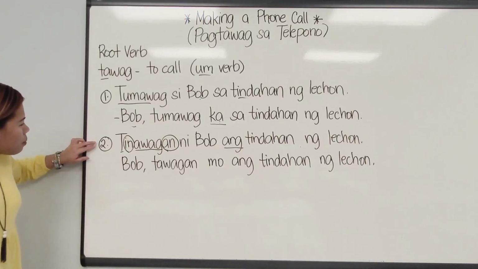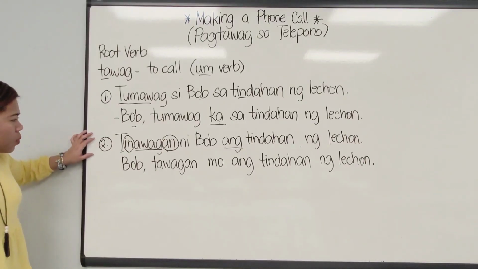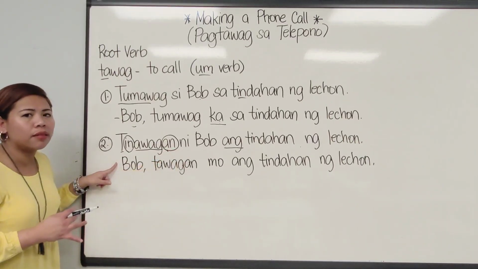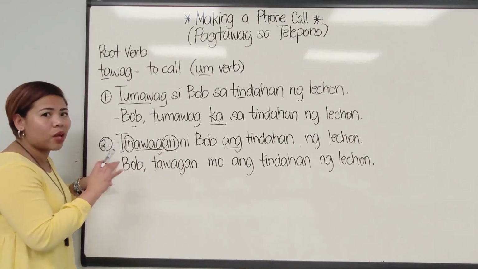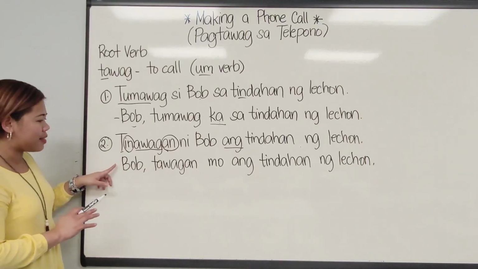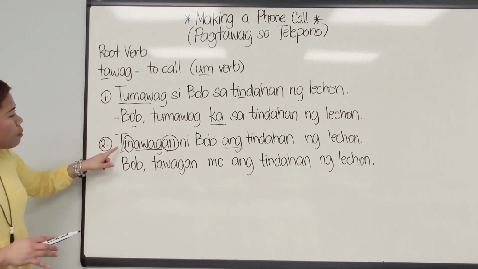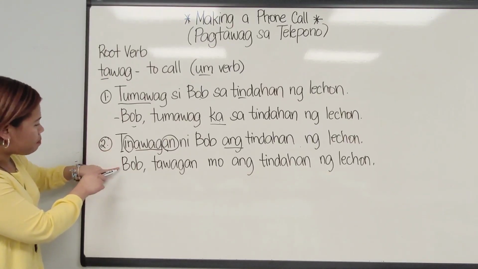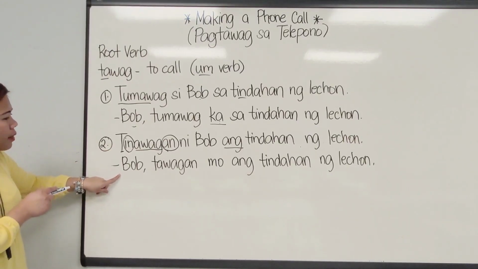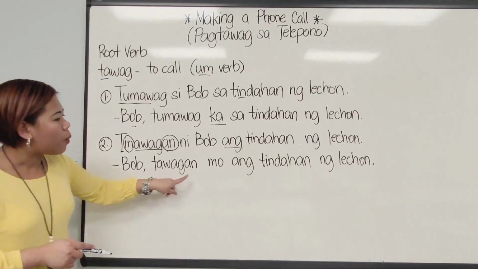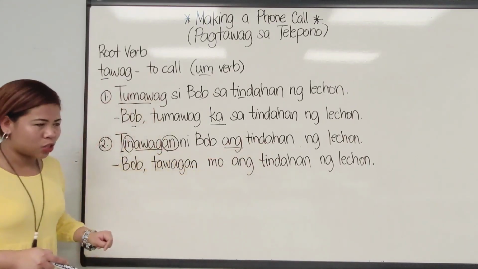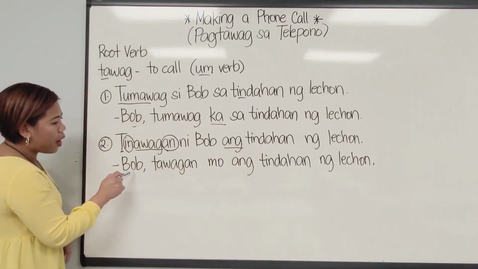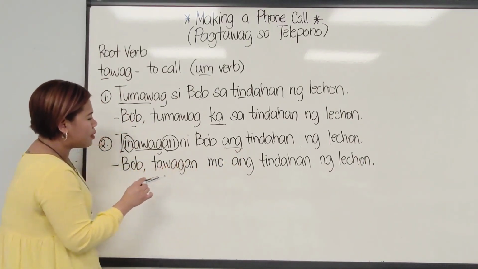Now, let's go back to number 2. In this sentence, Bob is still the doer of the action, but he is not the focus of the sentence here. So when I am going to conjugate this one into an imperative sentence, I would say, Bob, tawagan mo ang tindahan ng lechon.